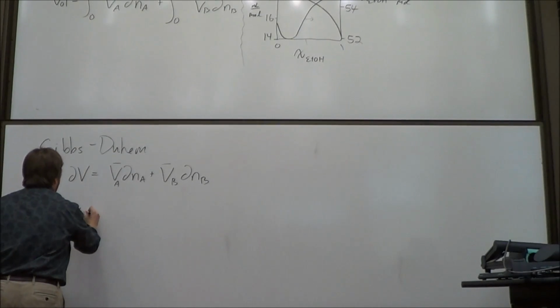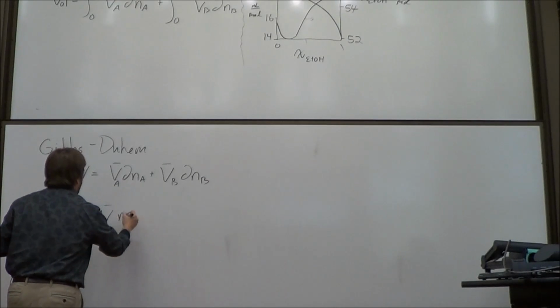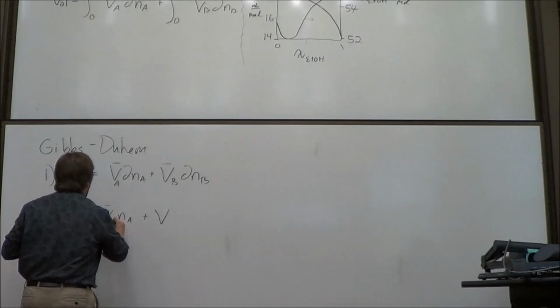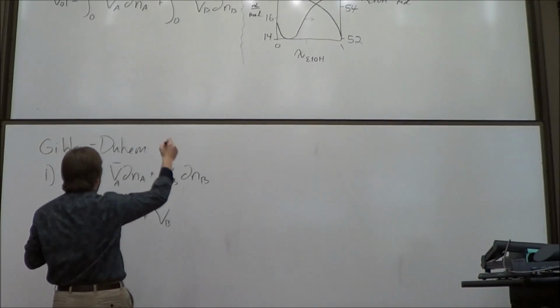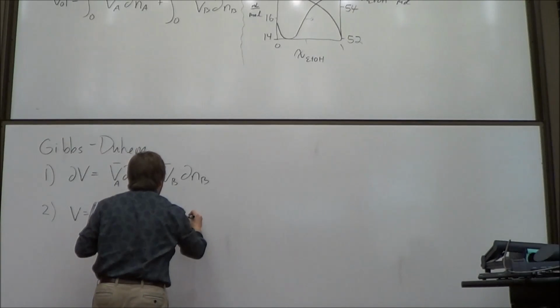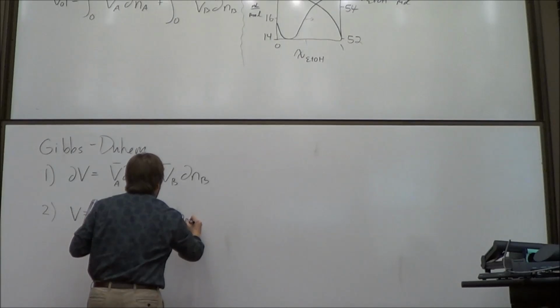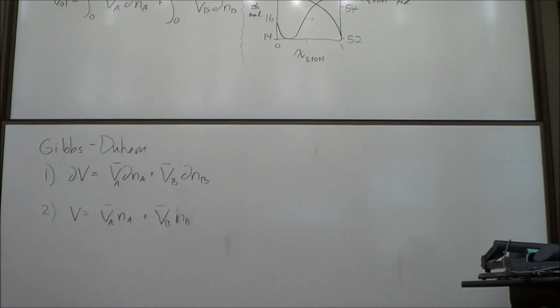I'm going to get V is, I've just integrated this. Now what I'm doing up here is I'm assuming that the lower limit in the integrals is 0. Actually, yeah, exactly as I've done, because that makes sense, right? Okay, so this is number of moles of B because the initial was 0 and the final is number of moles of B.